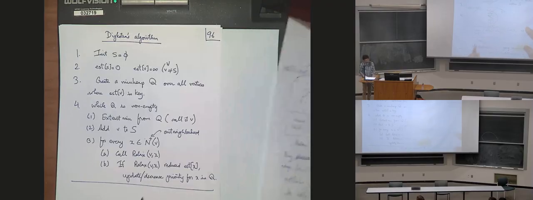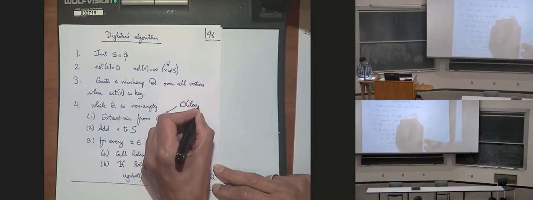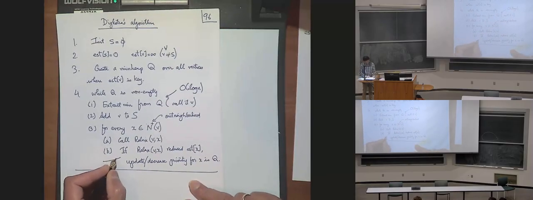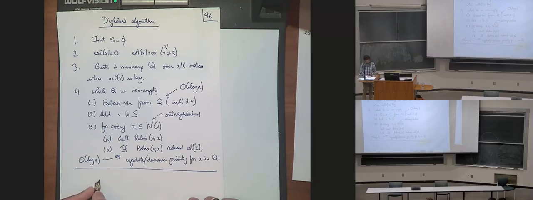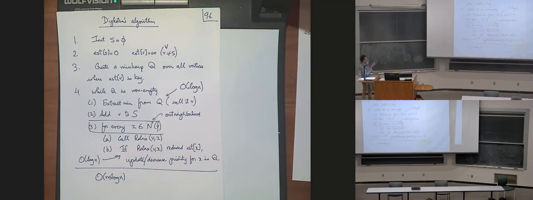The extract min is going to cost O log n, and this operation is also going to cost O log n, so it's a total of O of m log n, because we're effectively doing this potentially for all edges.